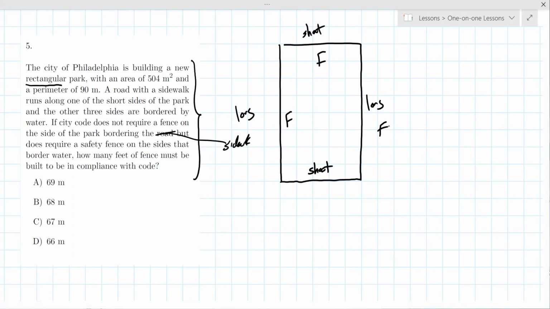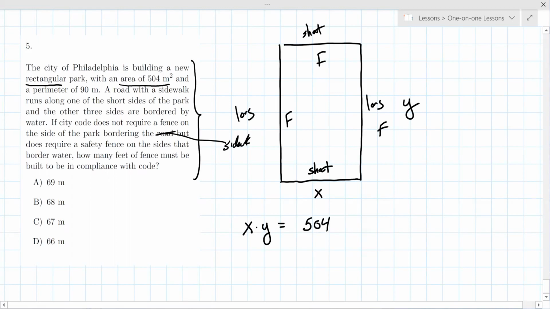So let's call the short side X and the long side Y. Is that okay? What does X times Y equal in this problem? 504. It's the area, right? And then the perimeter of the park is 2X plus 2Y, and that equals 90.